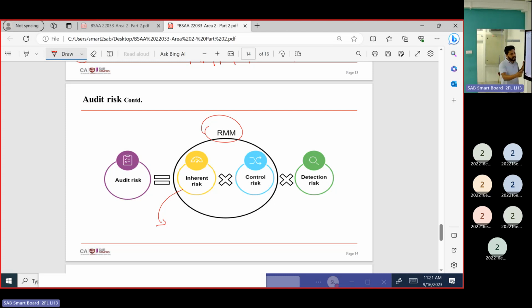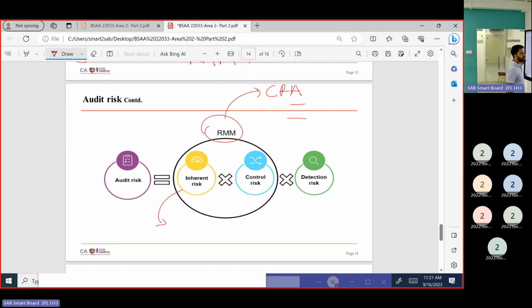So this risk of material misstatement should be analyzed. That's a kind of combined risk assessment. Through this, we may have different risk levels.